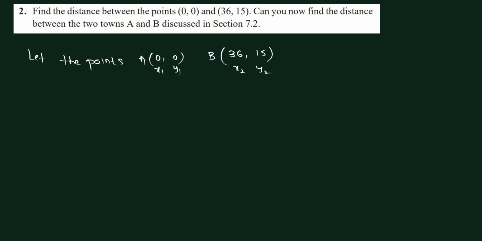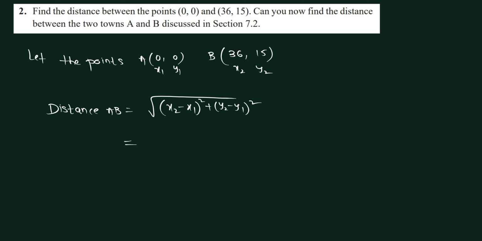The distance between these two and distance AB, how we can find this? So distance AB equal to, write the formula, root over, you can write this formula also, x2 minus x1 whole square plus y2 minus y1 whole square. What is the value of x2?